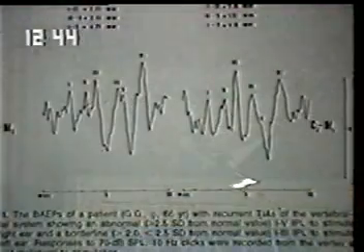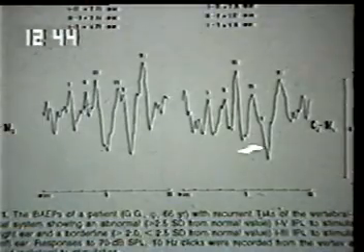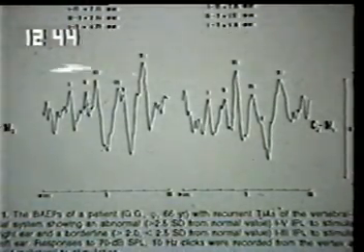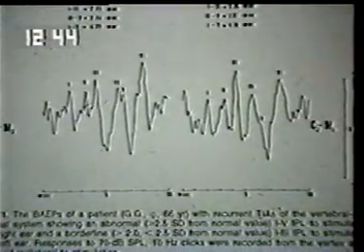Brainstem auditory evoked potential studies are helping the diagnosis in vascular problems, like in a TIA. Recurrent TIAs of the vertebro-basilar arterial system, showing abnormalities in terms of latency delay.